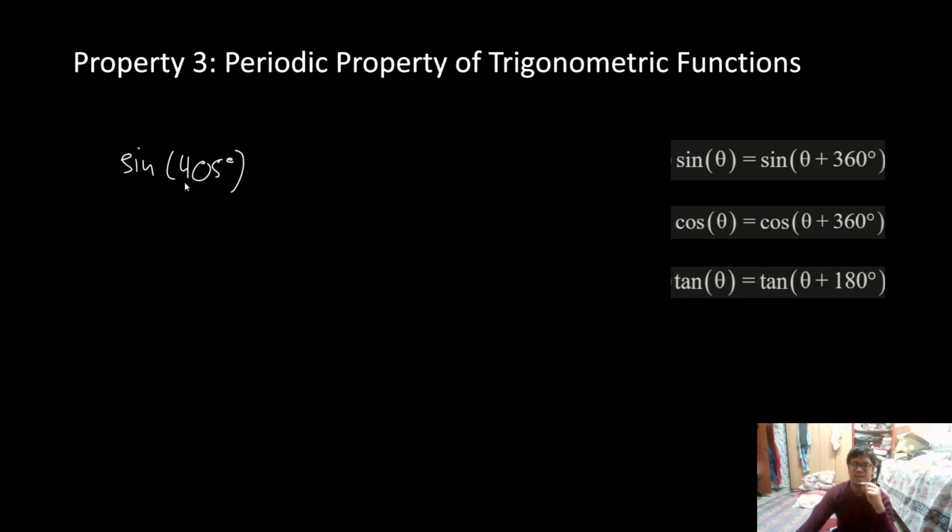The number is larger than 360 degrees, so we can apply the periodic property of trigonometric functions, just like I explained earlier, whenever we encounter an angle greater than 360 degrees or less than 0 degrees. Let's think what angle, if I add 360 degrees, gives 405 degrees.